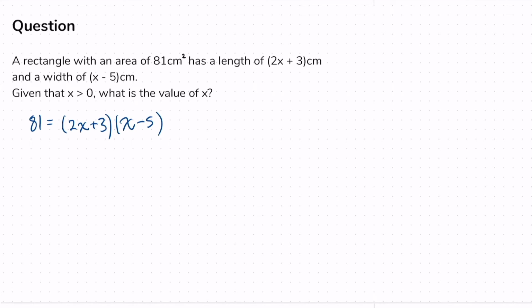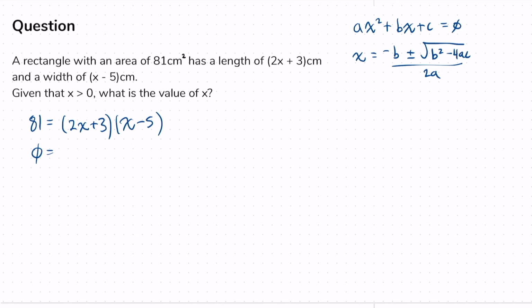Well, I need to have it in the form ax squared plus bx plus c equals 0, so that I can use the quadratic formula to find x, which is equal to minus b plus or minus the square root of b squared minus 4ac, over 2a. So let's get cracking. I minus 81 from both sides.